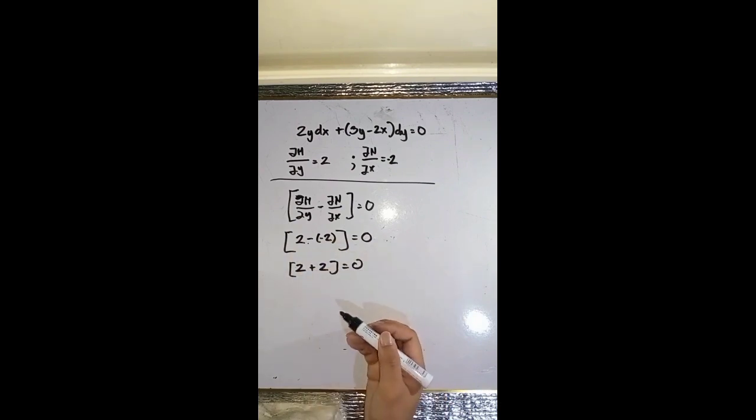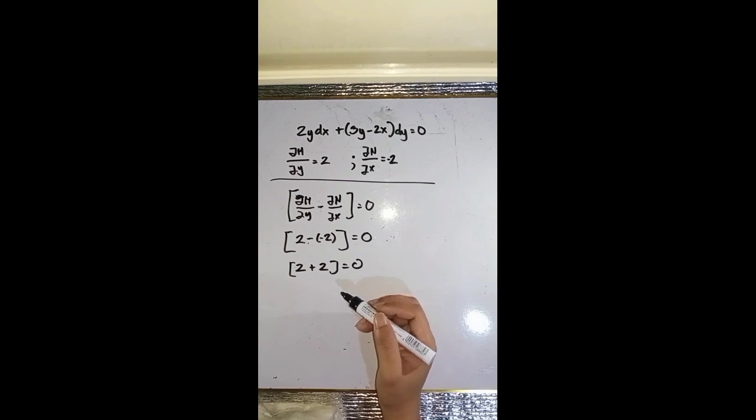Now we can see a resemblance of the resulting value with the M factor. So we'll use the second case of our process in order to get the integrating factor.